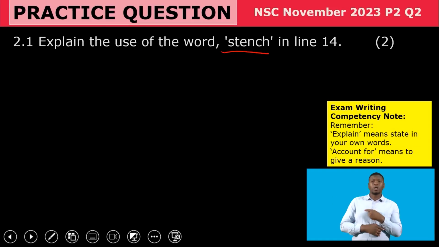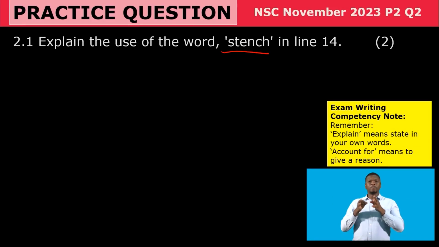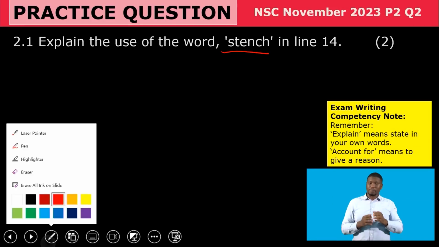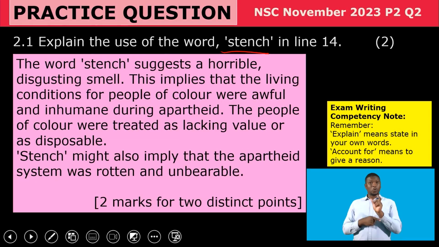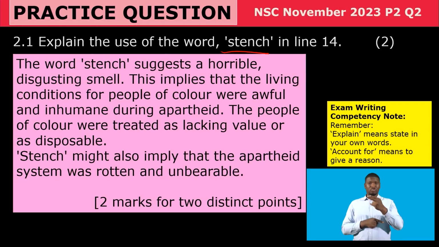So, what does stench mean? That's the first step. And then explain why the poet would use this word. So, the word stench suggests a horrible, disgusting smell. So now we have defined what the term is. Secondly, this implies that the living conditions of people of color were awful and inhumane during apartheid.